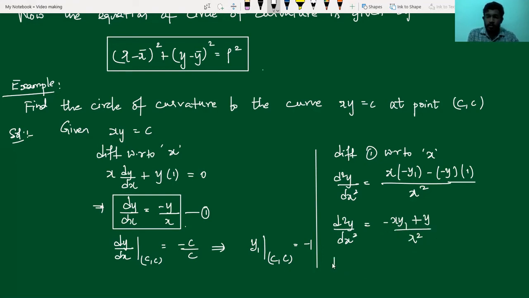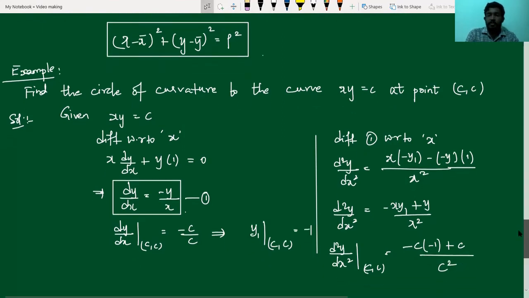If I substitute the point c comma c in the second order derivative, we get minus x value is c, y1 value is minus 1, plus y value is c, divided by x square, that is c square.